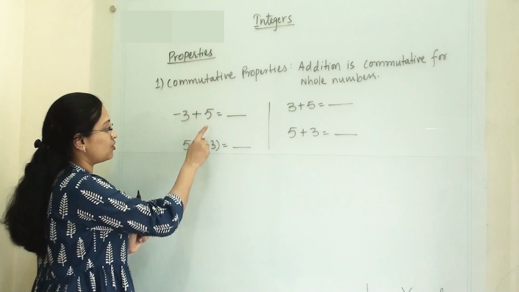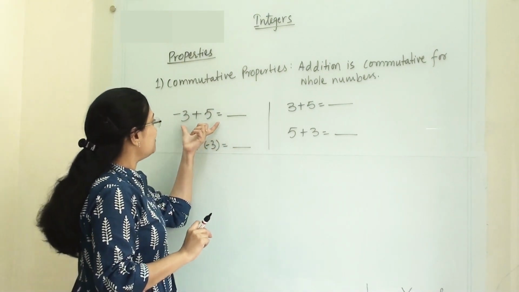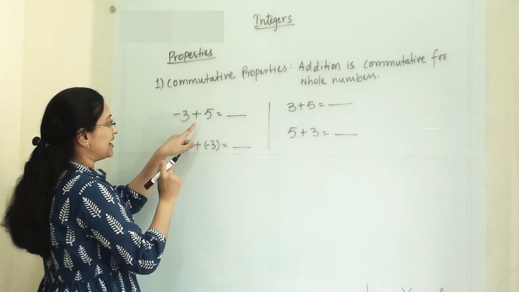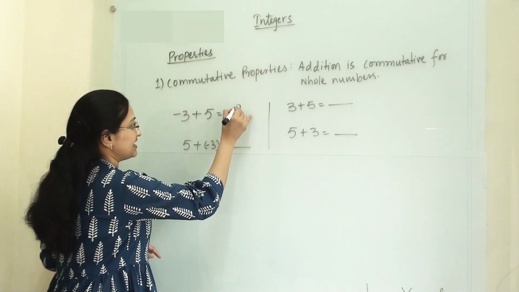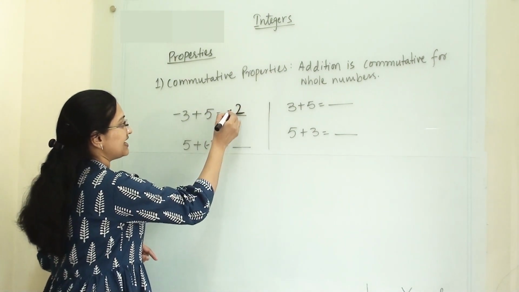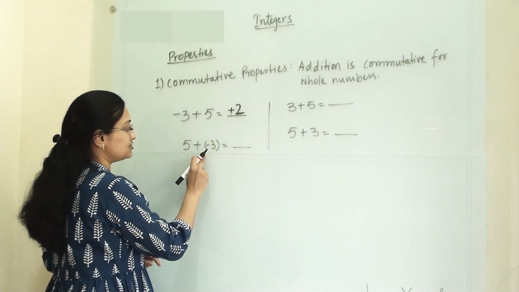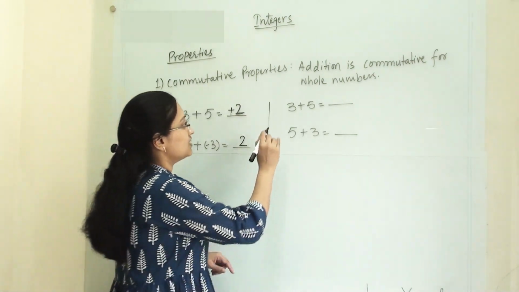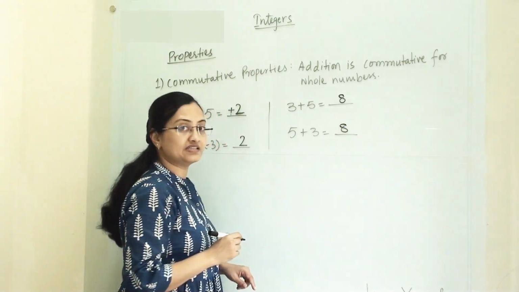Remember that I have not changed the sign of the number. So when we check the answer, minus plus means we have to perform subtraction. We will get 2 here and it will carry the bigger number's sign. Here also we do subtraction and it carries the bigger number's sign. And for 3 plus 5 and 5 plus 3, we get 8 both times.